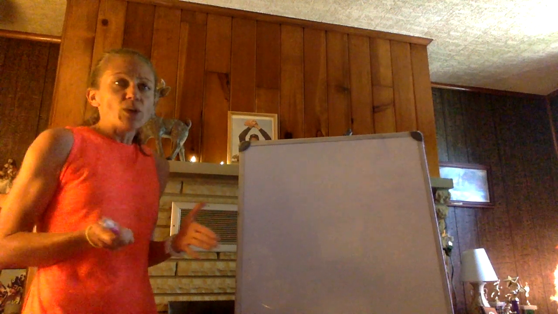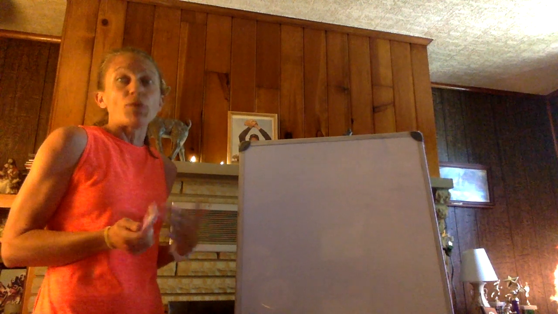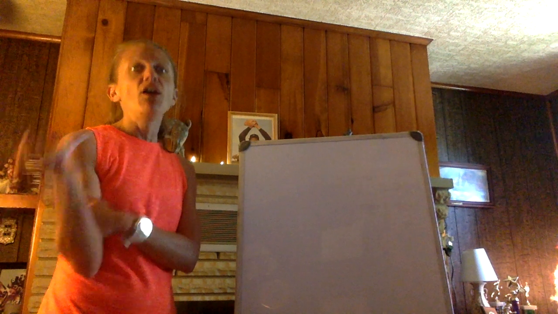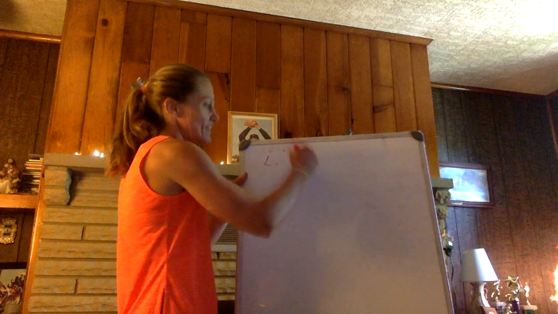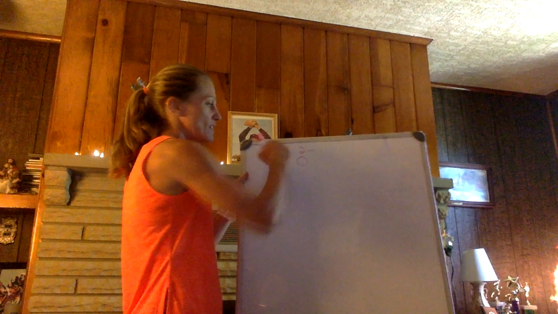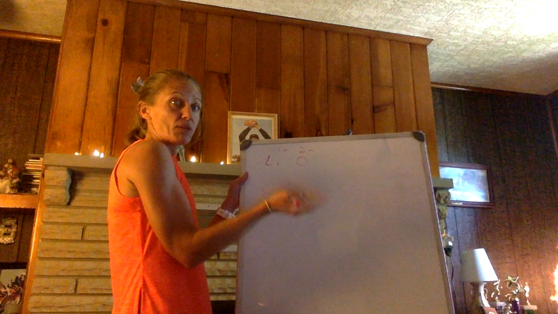So let's see what we can do with formula writing because of this. Remember, when we're writing formulas, we just want the charges to be equal but opposite. So if I look in my examples at lithium and oxygen, lithium's group 1, so plus 1, oxygen's group 16, so minus 2. I cross those. If lithium is plus 1, 1 plus, oxygen's 2 minus. I need to make them equal but opposite.